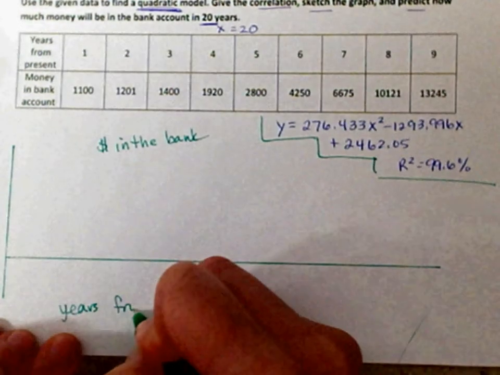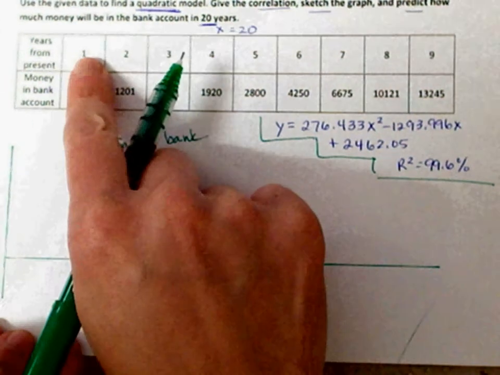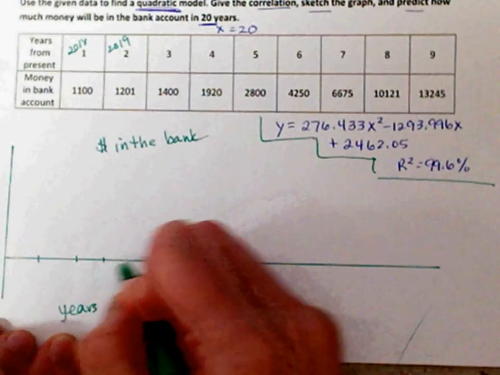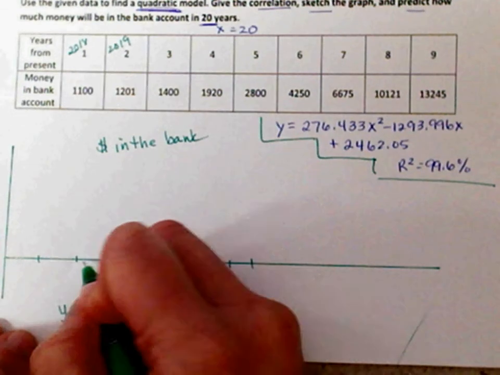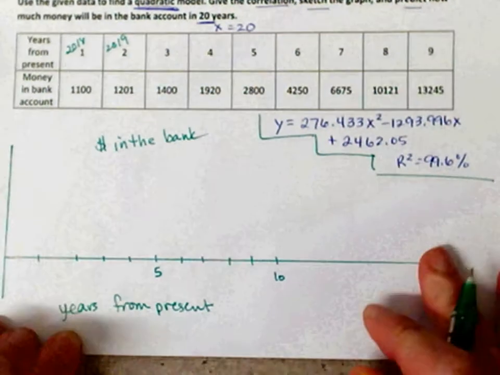Right now it's 2017, so this one will be 2018, 2019, but you don't need to worry about that. So I'm just going to put 1 through 10. You can do it like that. And the y axis is money in the bank.